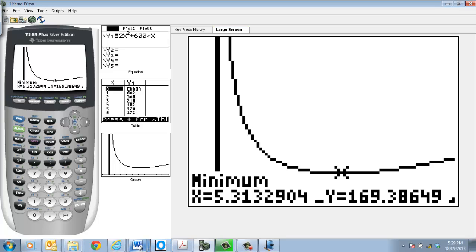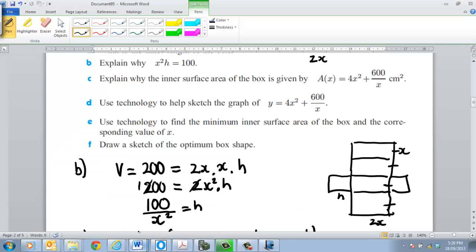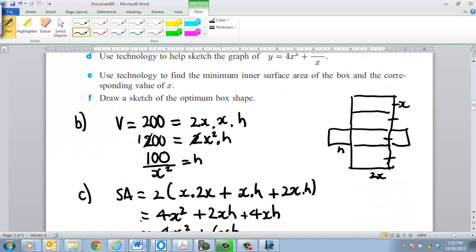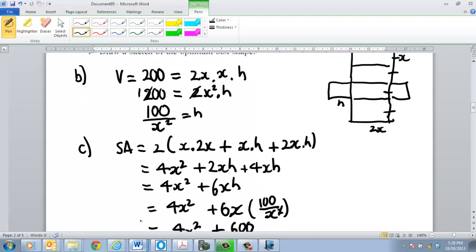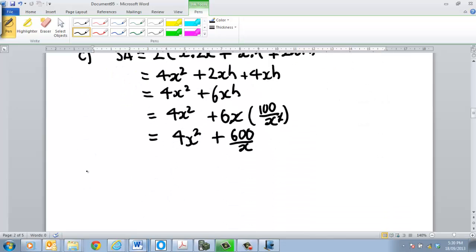So that's what you'd label on your graph. Using technology, find the minimal inner surface area of the box and the corresponding value of x. So we are using that vertex point.